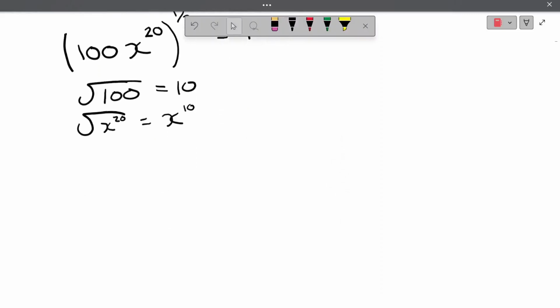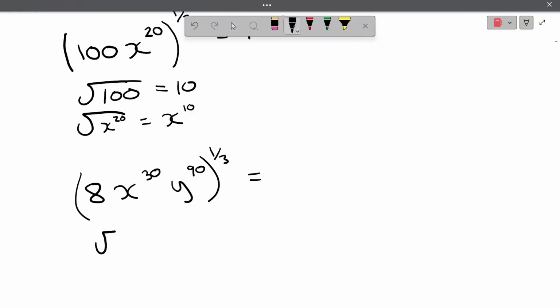Or let's go for 8x to the power of 30, y to the power of, let's go for 90, to the power of a third. What's that? Well, the power of a third is the cube root. So the cube root of 8 is 2.